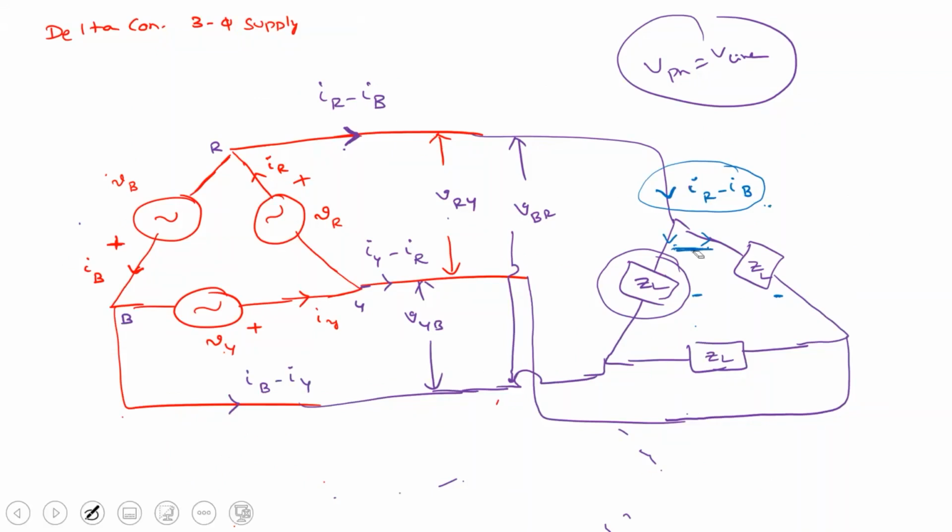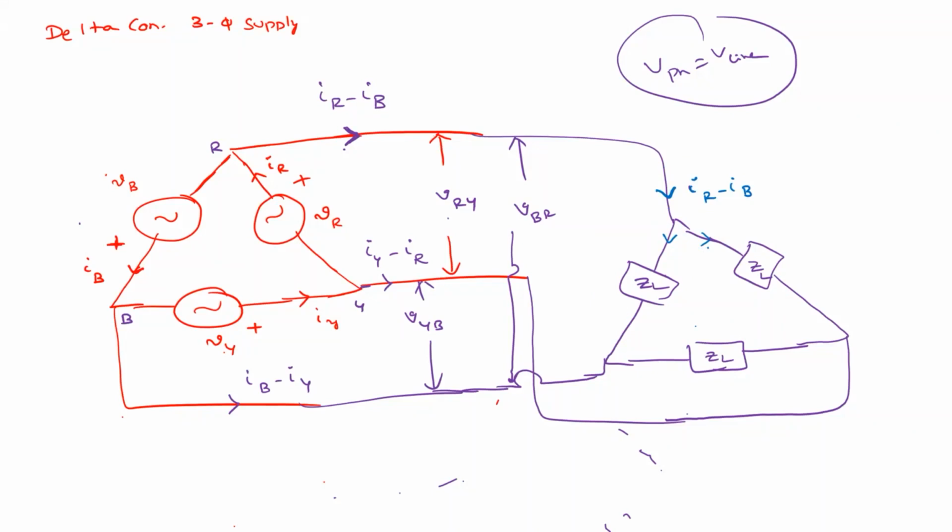So the line current and phase current are both different, right? In other words, line current is the difference of two phase currents.